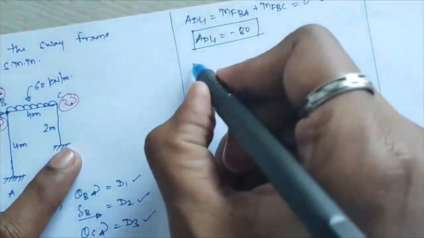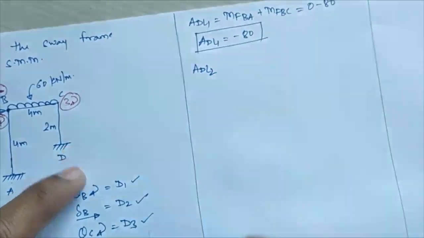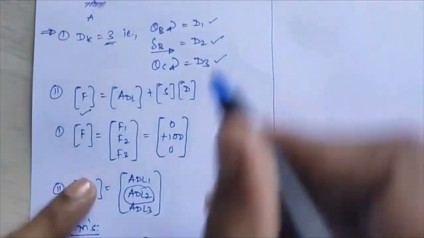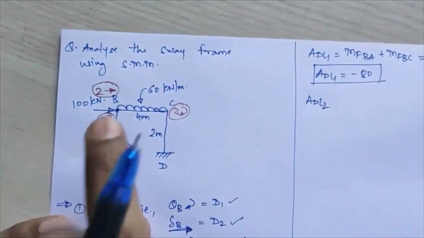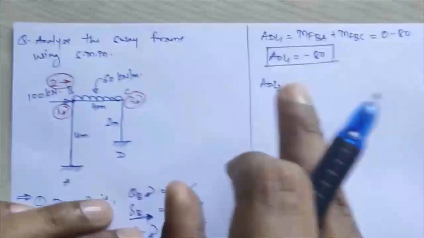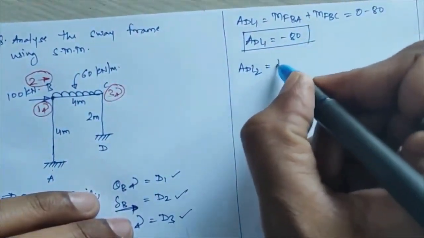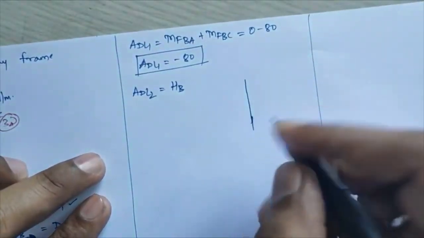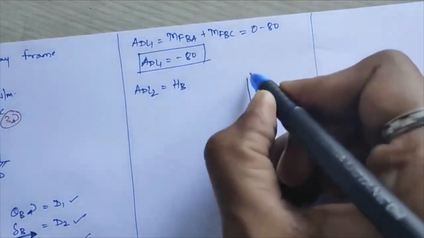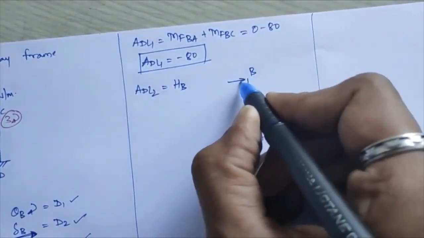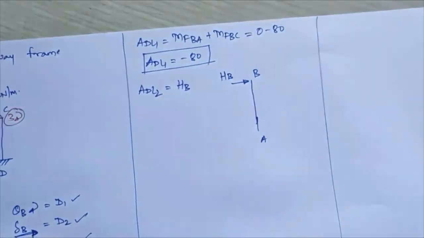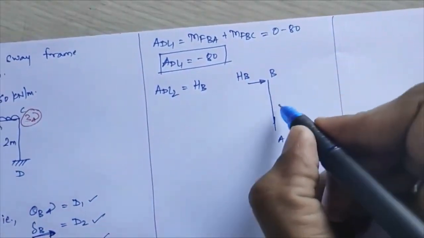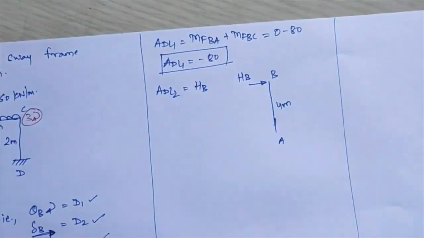Next I have to calculate the ADL2 value, but for ADL2 you have to calculate the corresponding force. So I need to calculate the corresponding force coming at this joint B. I have told you that the horizontal reaction at point B will be your value of ADL2, that is, you have to calculate the HB value here. Suppose this is your member AB, and here you have this horizontal thrust HB, and the length of this is 4.